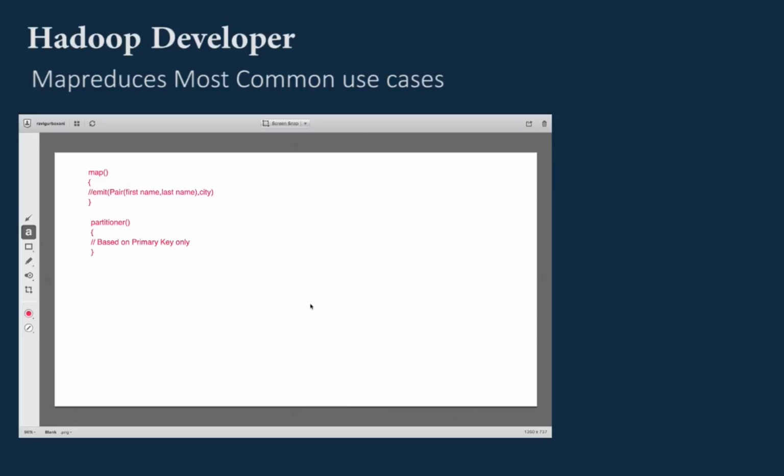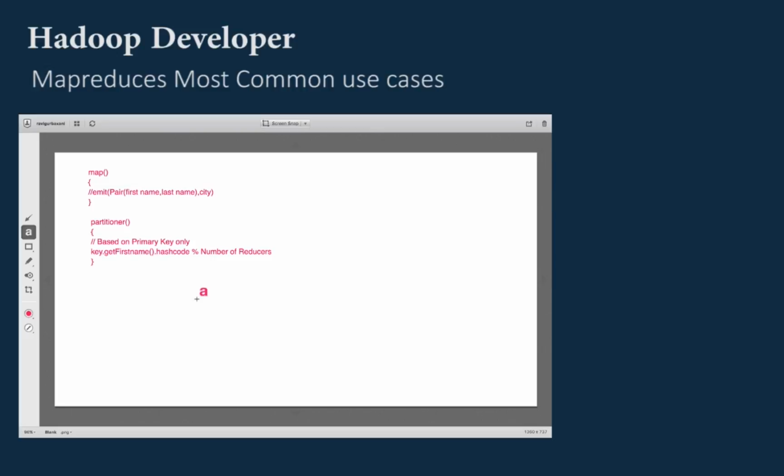So when it comes to partitioning, we will keep it extremely simple and use first name. Our partitioner will be absolutely on the primary key.